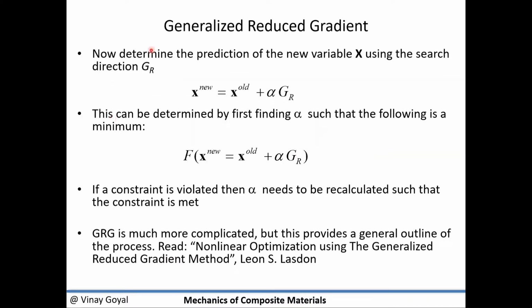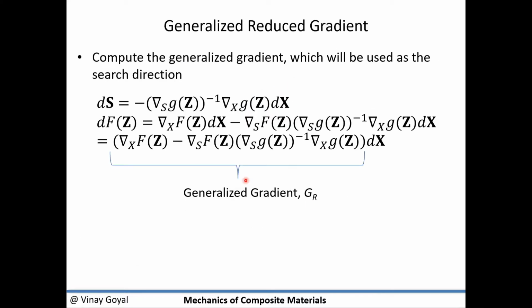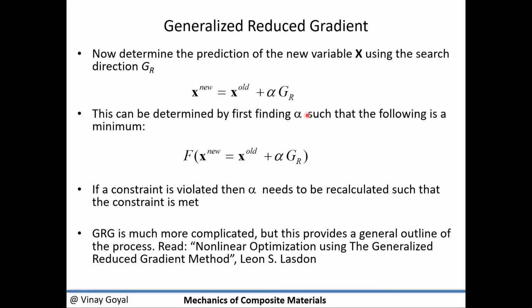So to determine the new x from the old guess x, what I want to do is add the line search parameter alpha times the search direction, the generalized gradient. The generalized gradient is found, and that's the direction that's going to help me minimize the objective function. And alpha is going to temper the amount that I am moving along that generalized gradient.